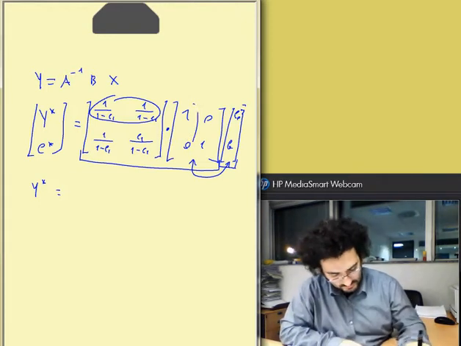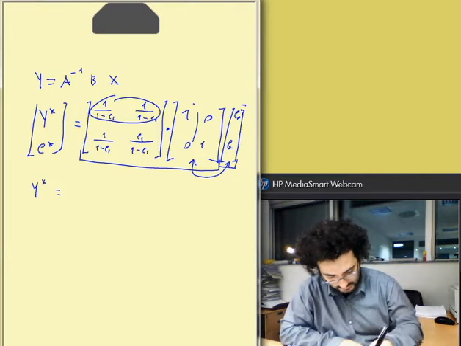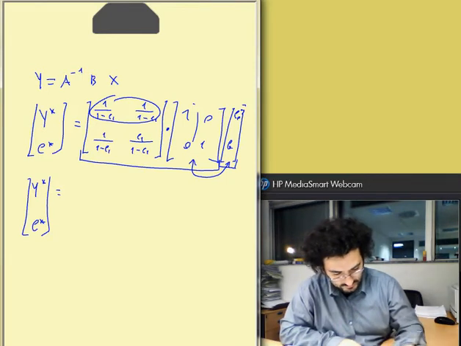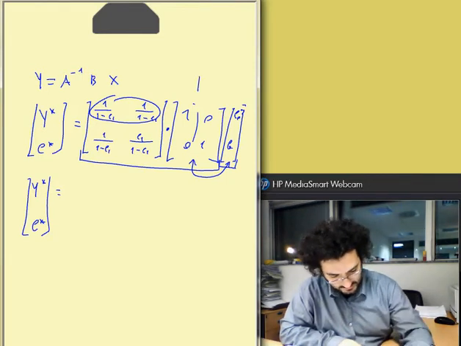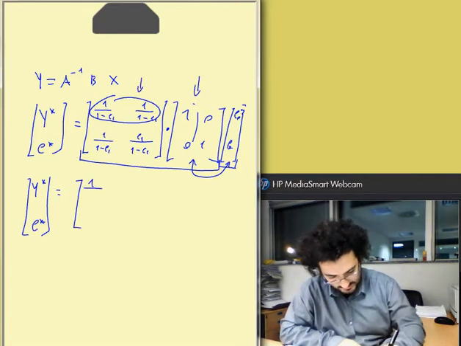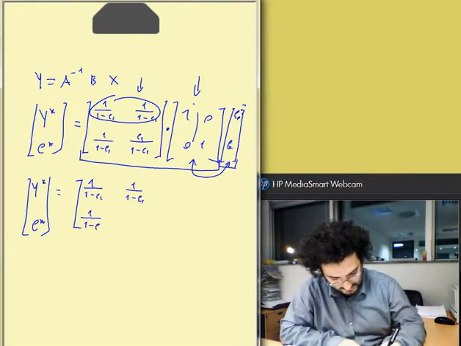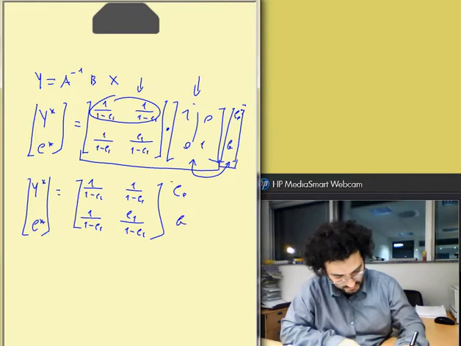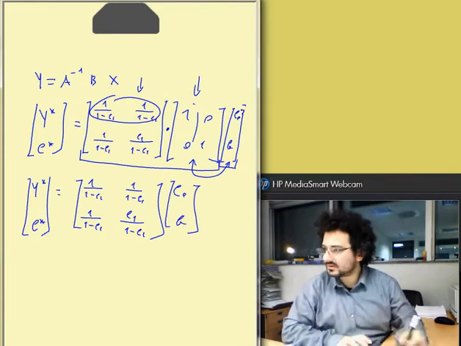We can also rewrite this in vector form the following way, because if we multiply these two matrices, this is an identity matrix, so we get the matrix A. So we can write 1 over 1 minus C1, 1 over 1 minus C1, 1 over 1 minus C1, C1 over 1 minus C1, which multiply C0, G, which are the two exogenous variables.